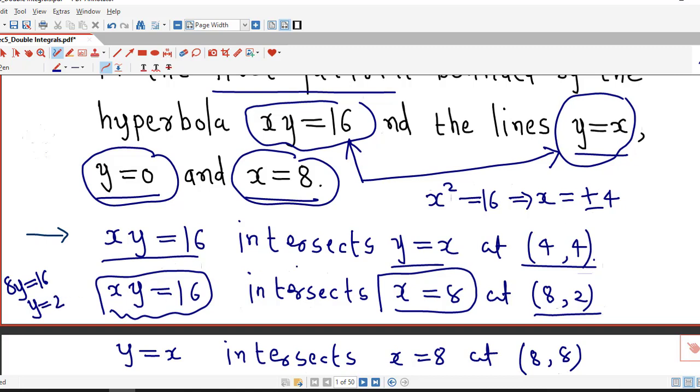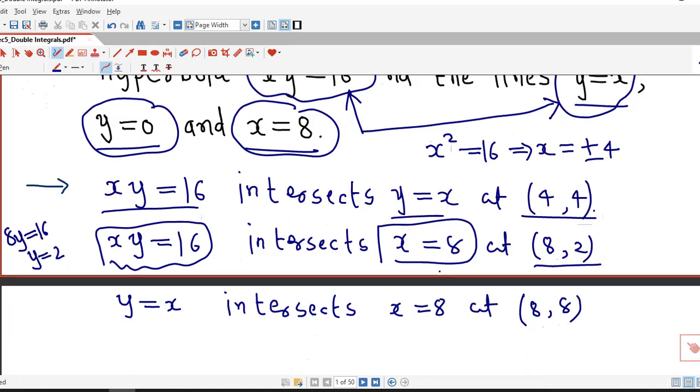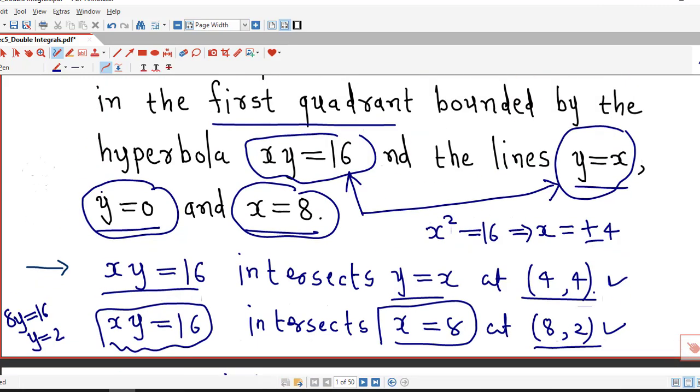That is, xy equal to 16 and the line x equal to 8 intersect at point 8, 2. Similarly, y equal to x and x equal to 8 intersect at point 8, 8. So these are the intersecting points of the given curves. The line y equal to 0 will never intersect xy equal to 16. xy equal to 16 is the rectangular hyperbola, and it will never intersect either the x-axis or the y-axis.